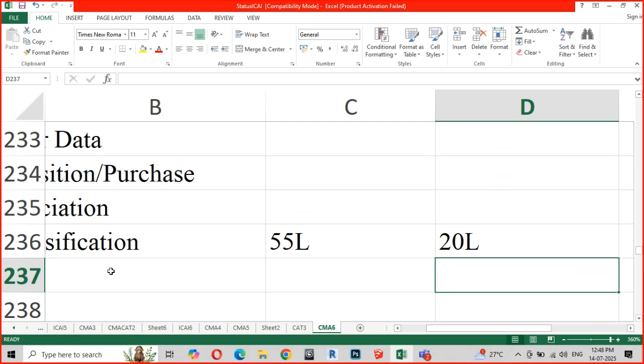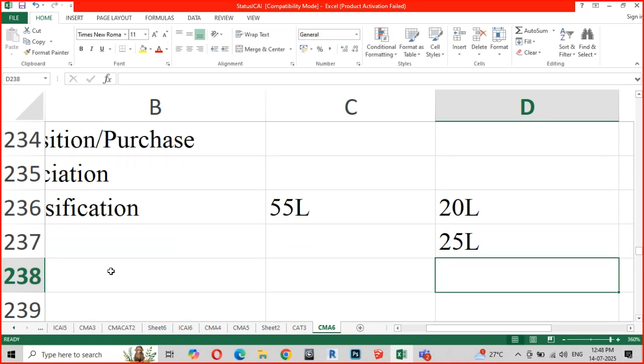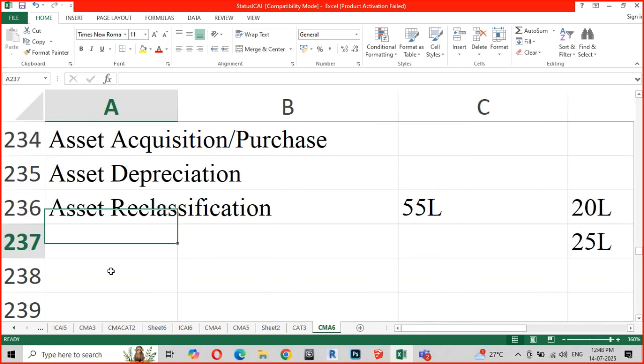But as far as the market value of this asset is concerned, the value is 25 lakhs. Now, how do you bring your asset back to that value? This is called asset reclassification. You may have the process of reclassifying the assets.